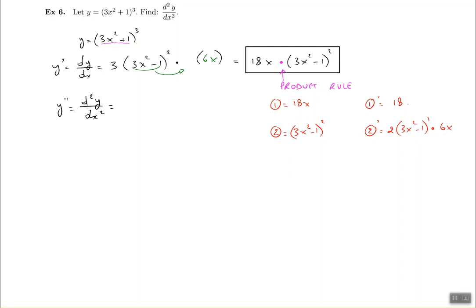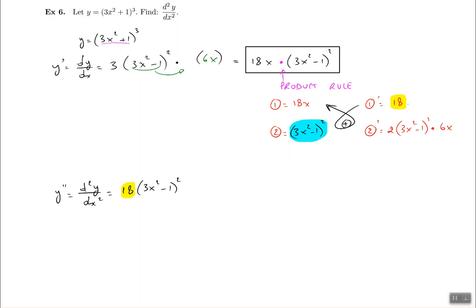So unfortunately, that means the second derivative is going to be a little bit complicated, so that's what we have to do. Well, multiply the corners and don't forget to add in the middle. So we start by multiplying the 18 with the 3x squared minus 1 all to the power of 2. That's because we're supposed to multiply the 18 corner with the opposite corner, the 3x squared minus 1 all to the power of 2.